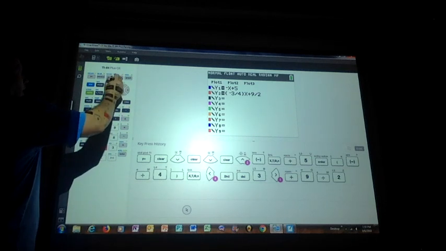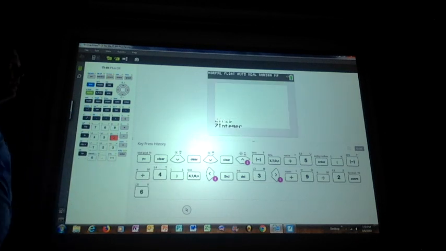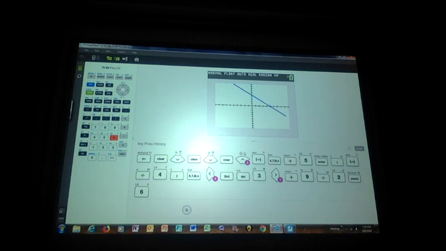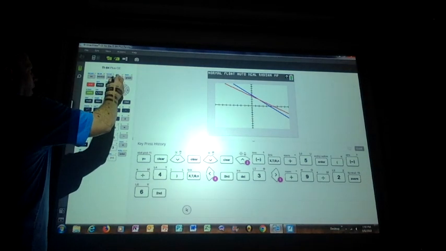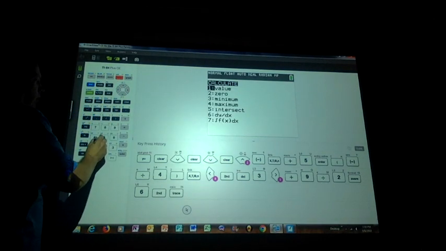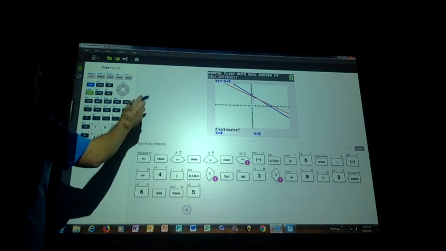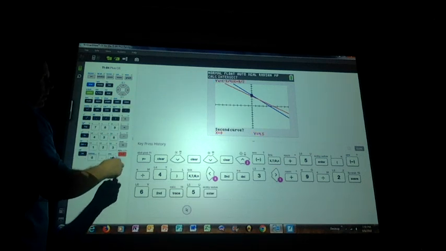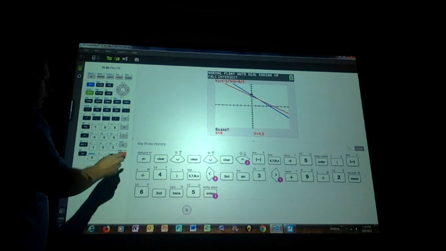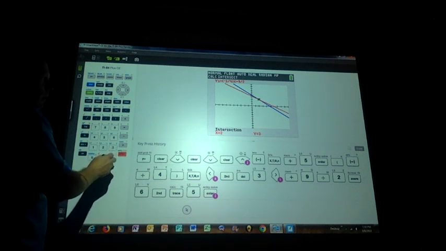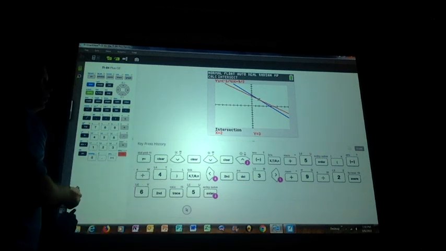Okay, and if I do zoom standard, which is zoom 6, that's going to take me negative 10 to positive 10. And it does appear that they do indeed cross each other. So now we're going to go second, calculate, an intersection, which is number 5. The first curve, it's on the blue, hit enter. The second curve is on the red, hit enter. Do we want to guess? No. We want to keep it going. So the intersection on this one appears to be 2, 3.